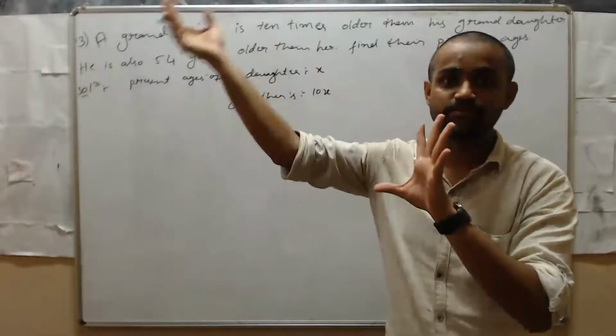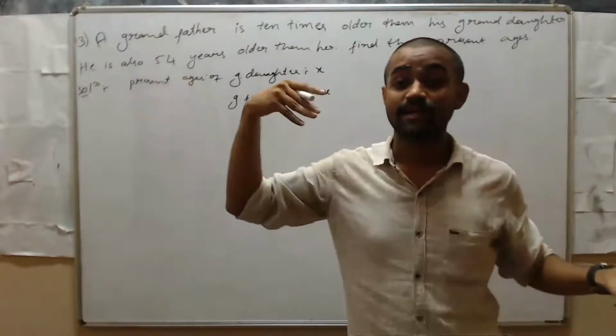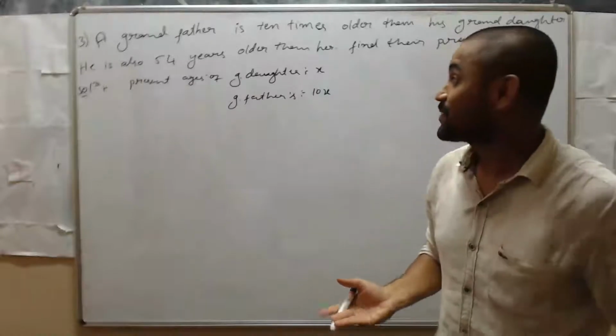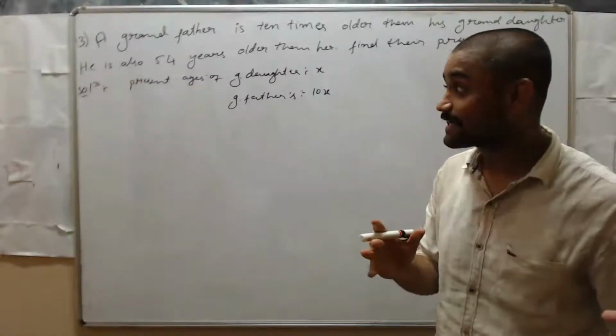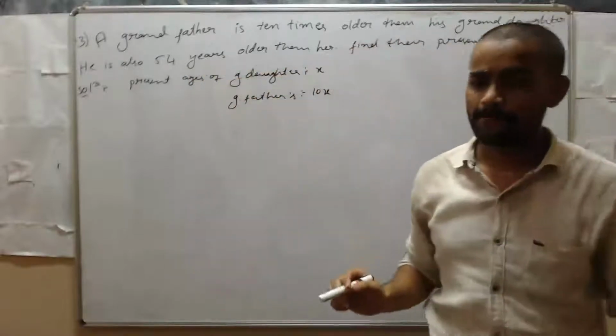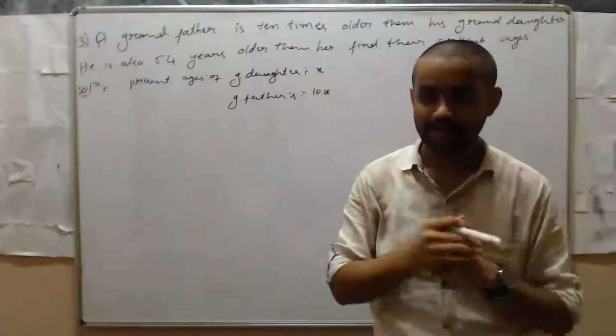Like that, 10 into 1, that is 10 times older than the granddaughter. Then one more hint he has given, that he is also 54 years older than her.